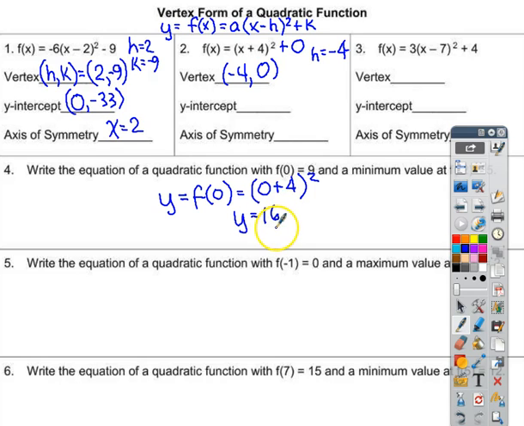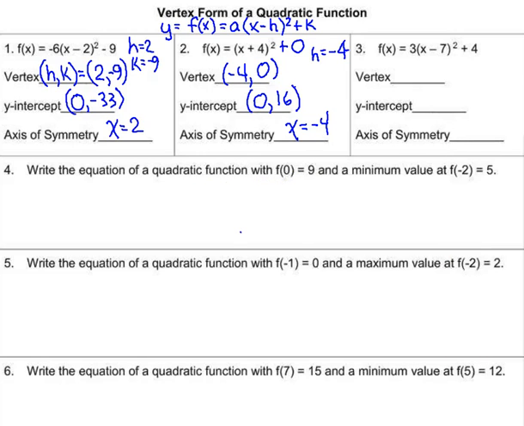We have our y-intercept. We know x is 0, and our y-intercept is at positive 16. The axis of symmetry, that's the easy thing. It's just equal to h. So we're going to write down that x is equal to negative 4.